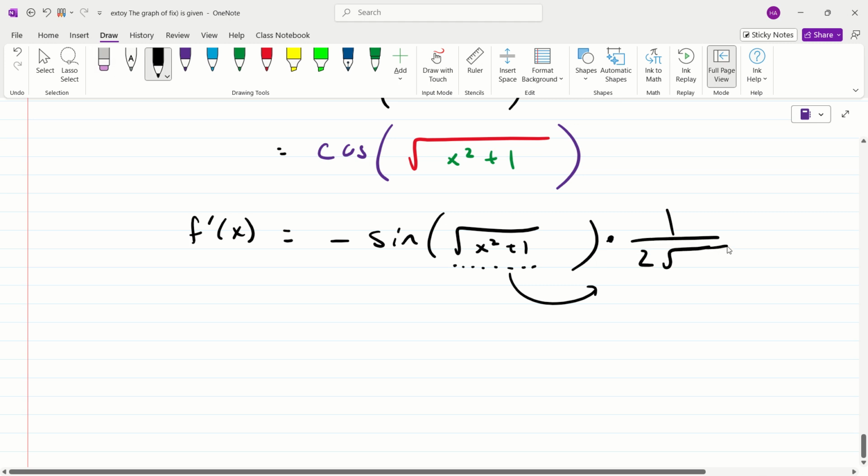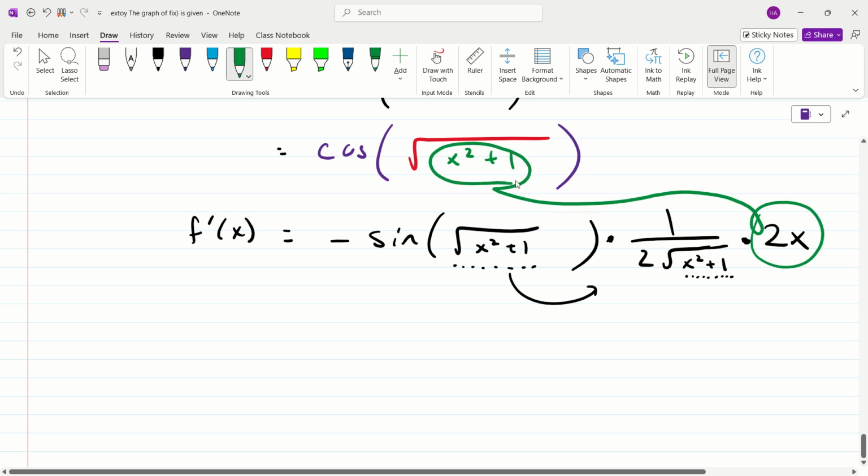Inside the radical, copy and paste the original argument. And then we're going to take the chain rule derivative of that x² + 1, and we'll have a 2x. Notice that that 2x is the derivative of my innermost function. And once we get to that point, that's how we know we're done.